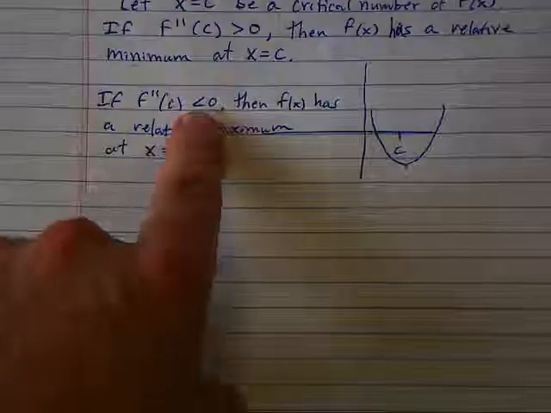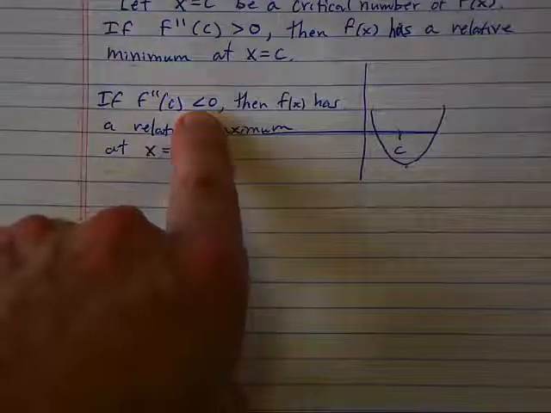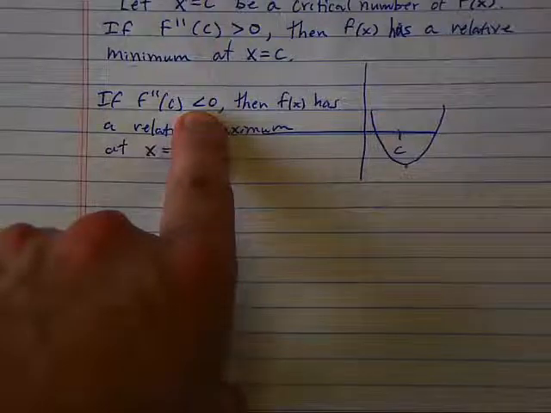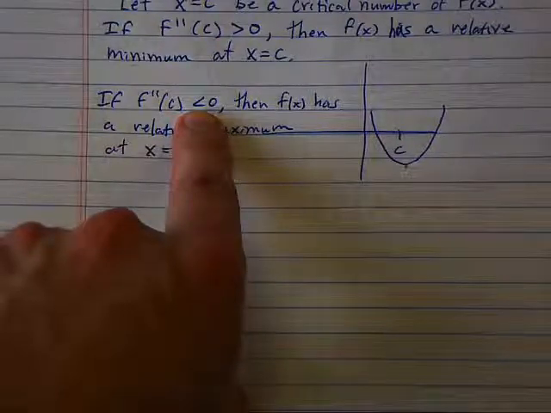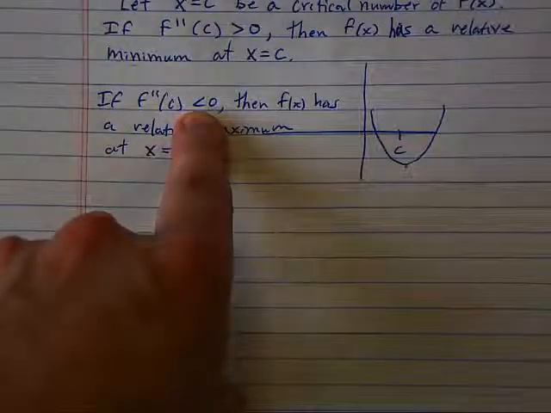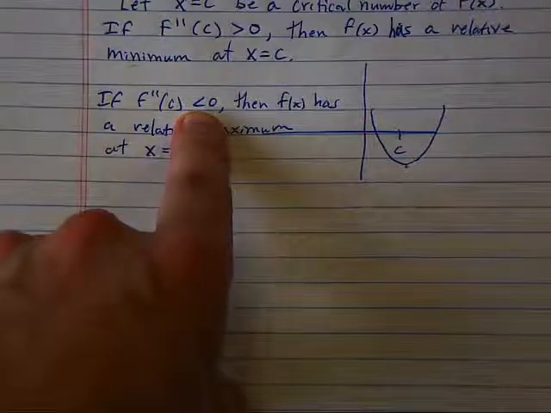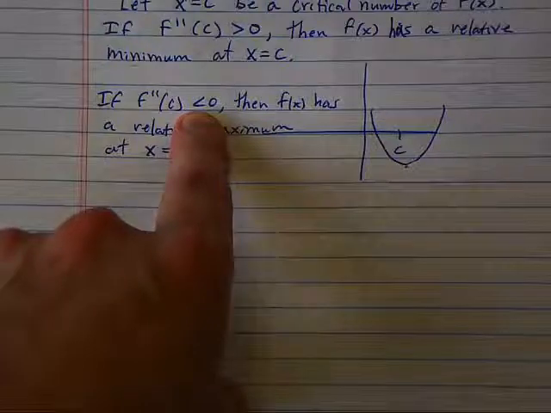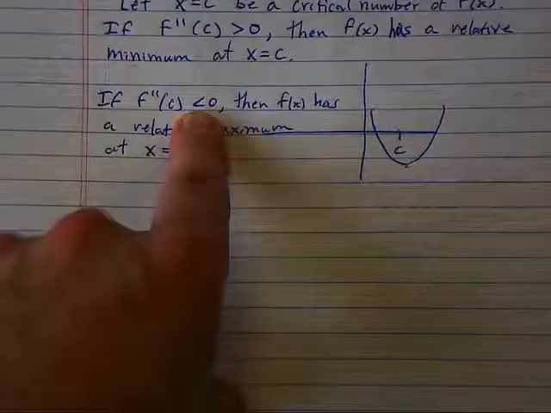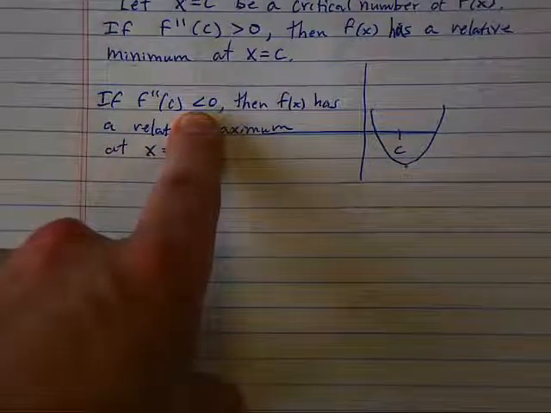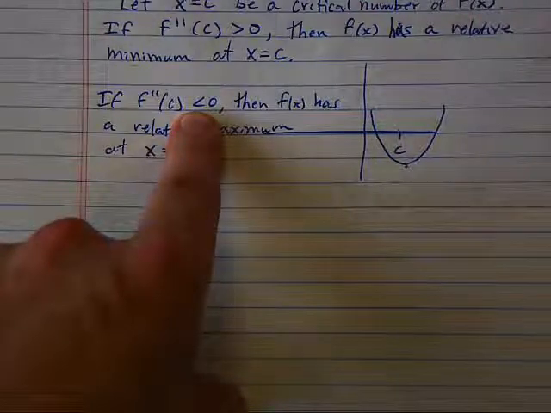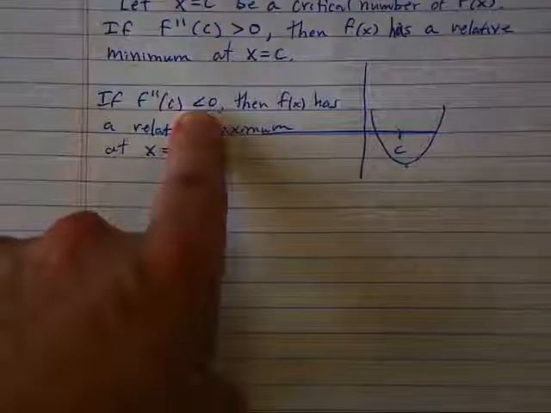It's possible. What happens if the second derivative is 0? The test doesn't give you any information. The test fails. You have to go back and use the first derivative test. What if the second derivative is undefined? Then the test fails. You have to go back and use the first derivative test.